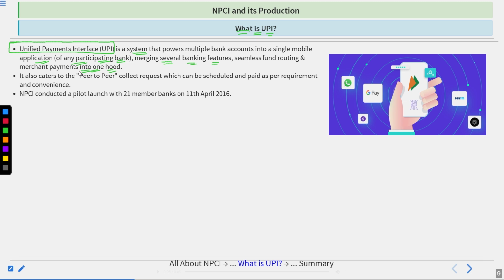It also caters to the peer-to-peer collect requests, which could be scheduled and paid as per requirement and convenience. NPCI conducted a pilot launch with 21 member banks on 11th April 2016.